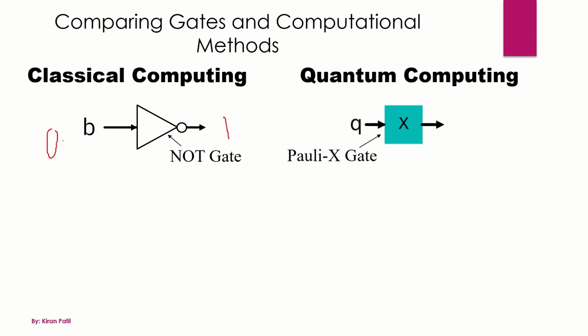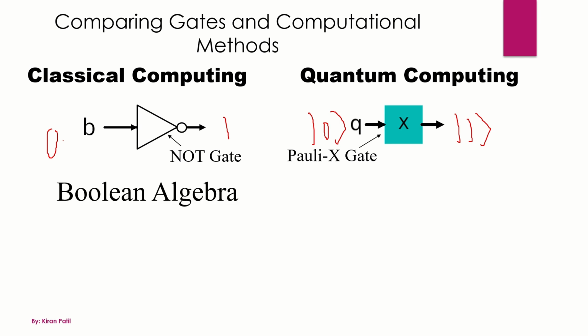Similarly, in a quantum computer, there is a Pauli X gate which works as the classical NOT gate. So if I give the input as ket 0, I will get the output as ket 1, right? So this is a Pauli X gate. The gates in a quantum computer are shown as this square bracket.